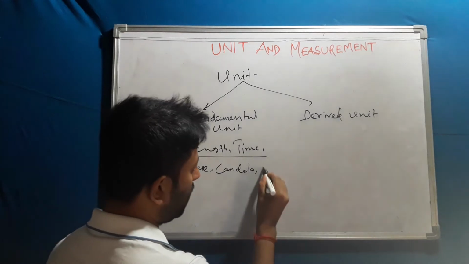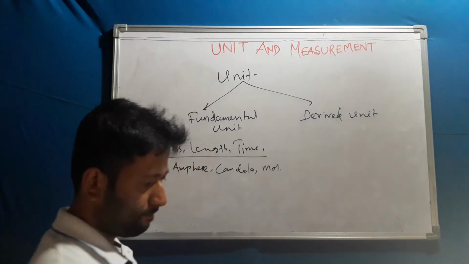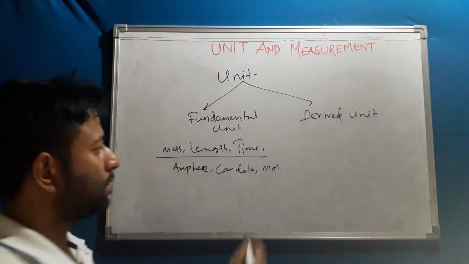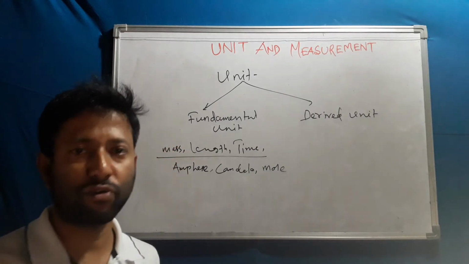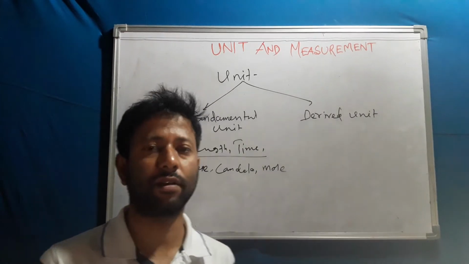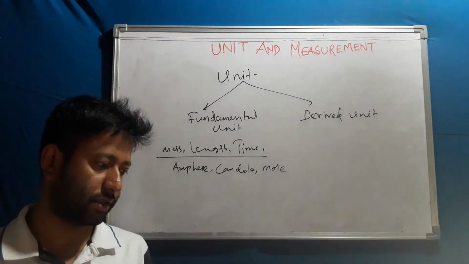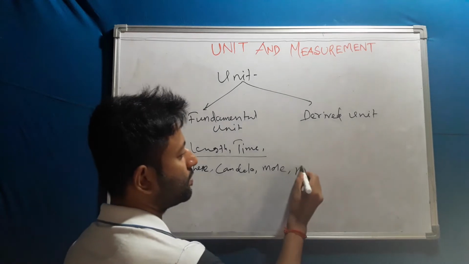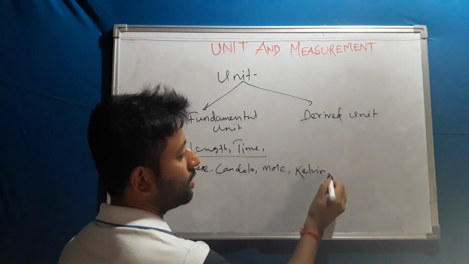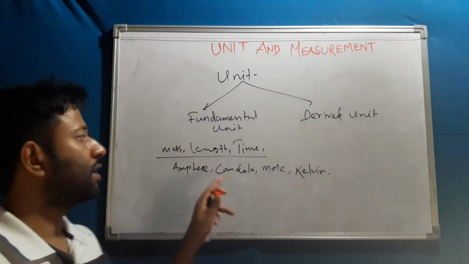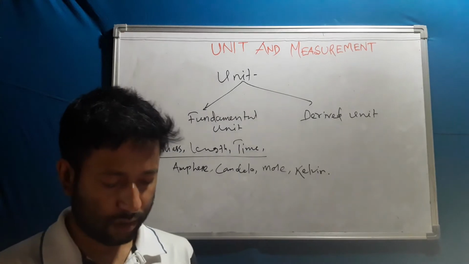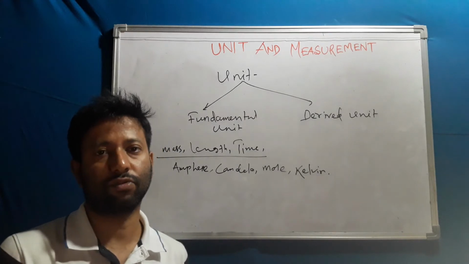Then mole, that means the amount of particles, that is atoms or other things used for atomic structure analysis. Then Kelvin. So these are the 7 fundamental units that are used for our entire physics and chemistry study.